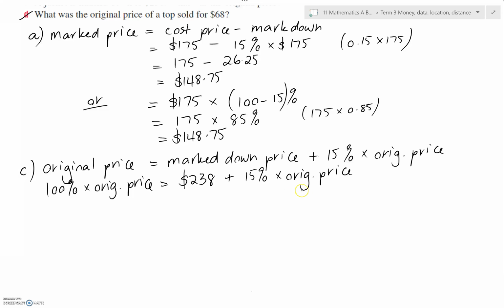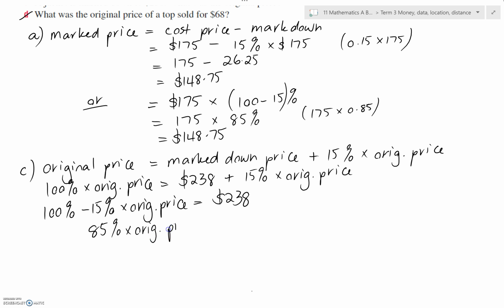So to get the 15% of the original price on the right-hand side together with the 100% of the original price, we just need to take 15% away from both sides. So what it will look like then is 100% minus the 15% of the original price. Now, of course, you could write this out longer, but there's no real need. That equals 238, which means 85% of our original price equals that 238 that we now have.